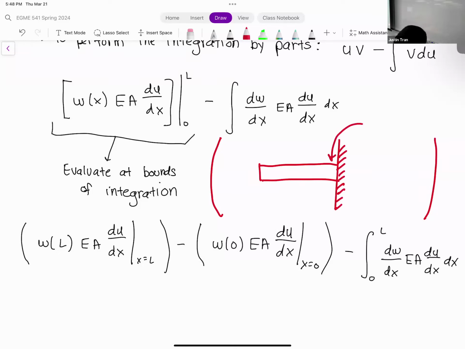We're fixed at x equal to L. And then on the left side, we have our load, our Neumann boundary condition. So at x equal to 0, we have our Neumann boundary condition, which is E times du/dx is equal to minus the tension.